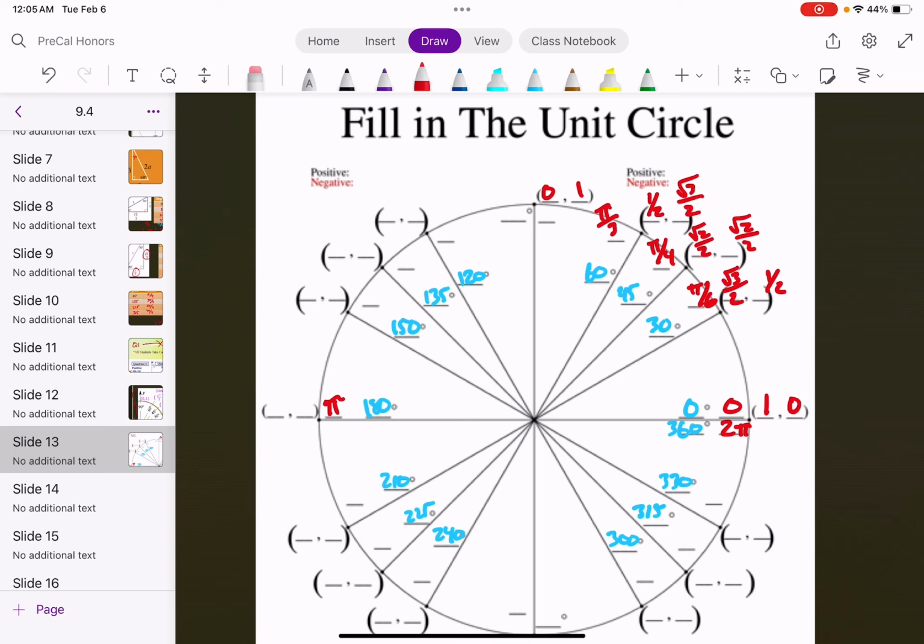The main reason for that is because now we are to the left side of that y-axis. We still remain with square root of 3 over 2, because notice we are above the x-axis. So this would be negative 1/2, negative square root of 2 over 2, and negative square root of 3 over 2.